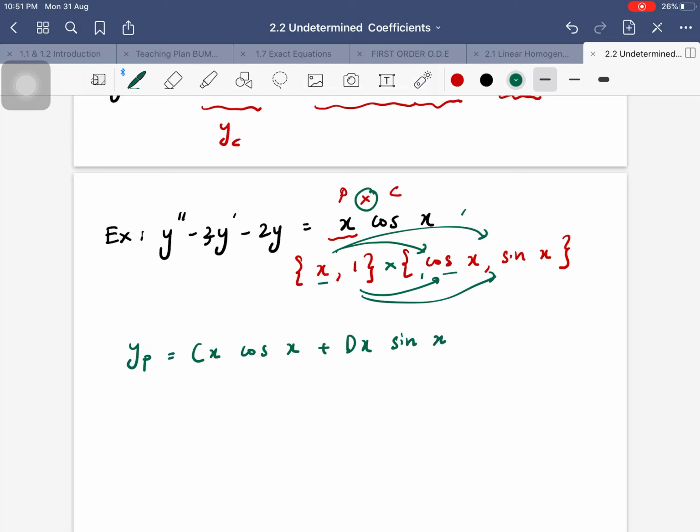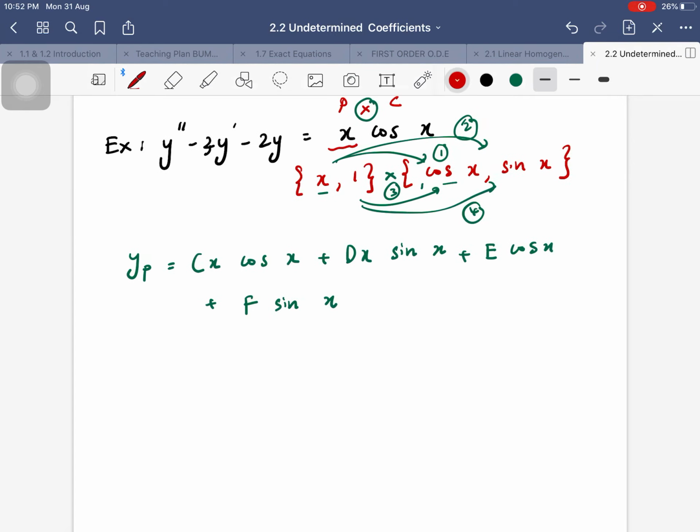This is number 1, this is number 2, this is my third term, this is my fourth term. It doesn't matter as long as you have all of them. And then I'm going to have E1 multiplied by cos of x, and of course the last one is going to be F1 multiplied by sine of x. Okay, so those are going to be my yp, so you have to put them together.